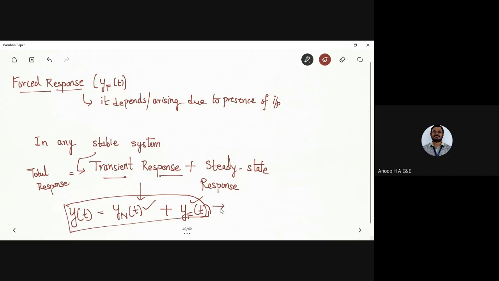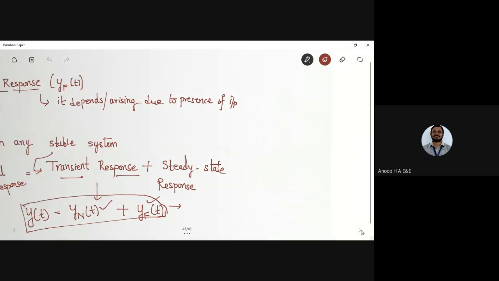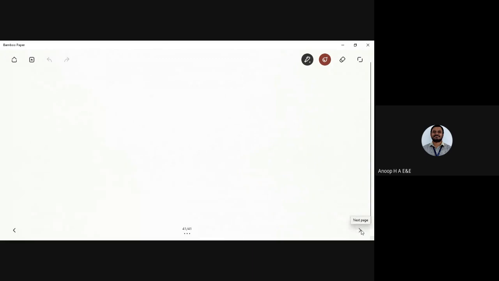Got it? So next we have another table where, depending on the structure of the input, we see how the structure of the forced response depends on it. So first, how am I going to find out the structure of the forced response?